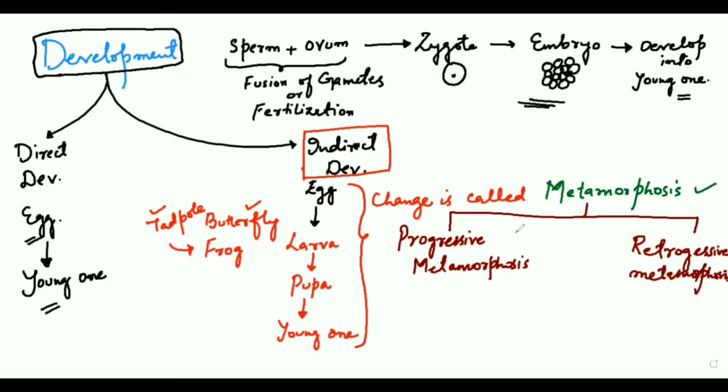Now, what is the difference? In progressive metamorphosis, what you see is that the larva is not that much developed. Larva is simple. So initially, let me pen it down like this. Here initially, that means in the beginning, larva is having simpler structures.